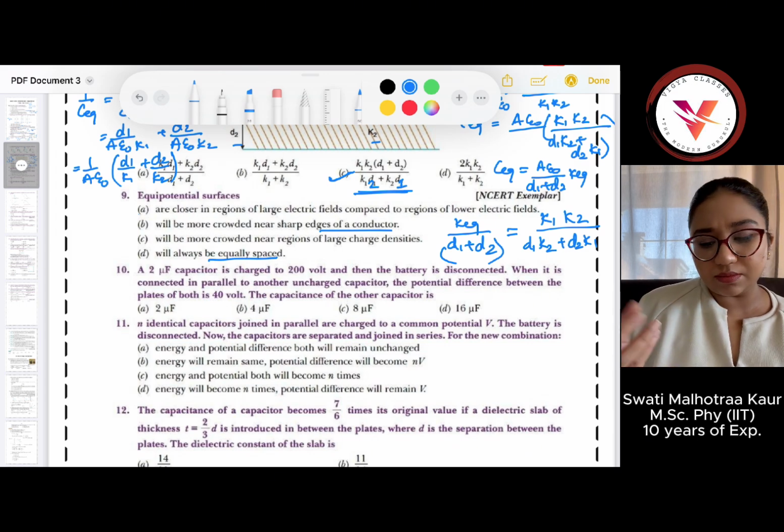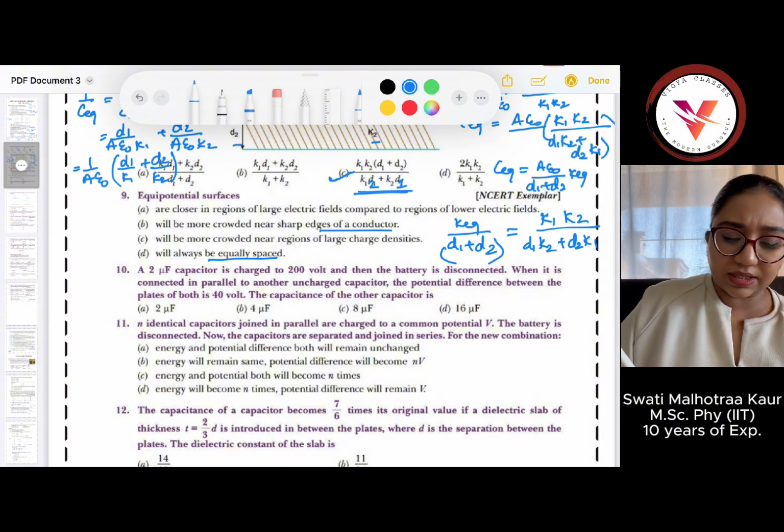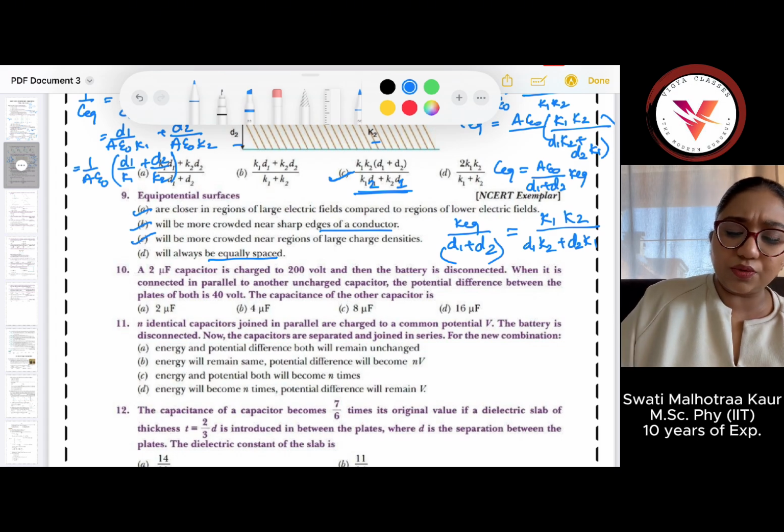Equally spaced means uniform potential difference, but it's not always equally spaced. So A, B, C are the correct ones. Okay, it's closer where we have a large electric field. So if it is equally spaced, then it shows a uniform field.